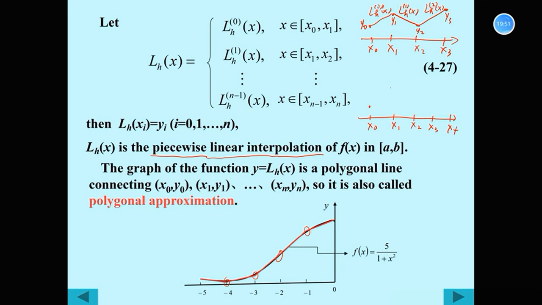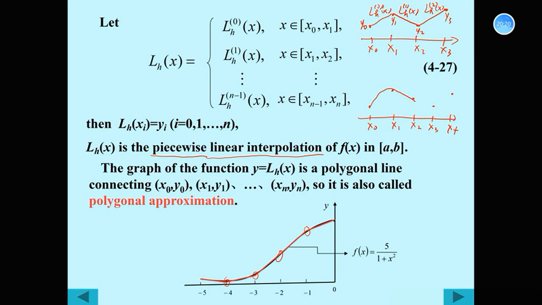Okay, now for example, we are given 1, 2, 3, 4, 5 points. If we use piecewise quadratic interpolation, that means we use 3 points (x0, y0), (x1, y1), and (x2, y2) to construct a parabolic curve, right?